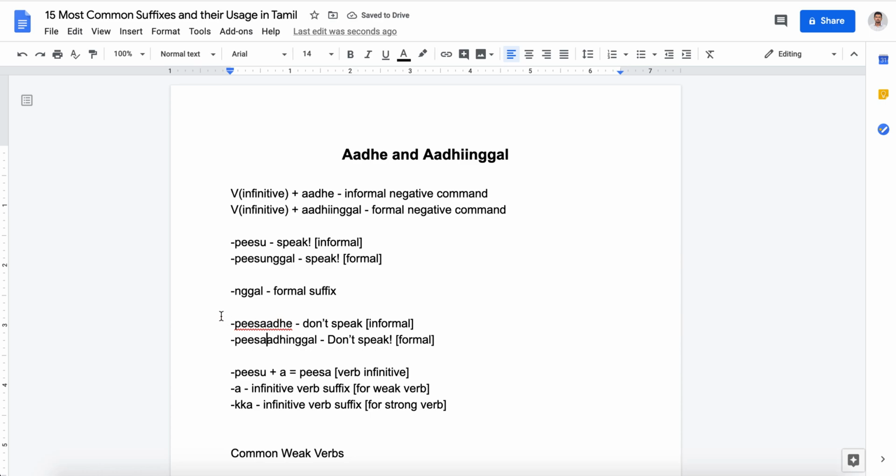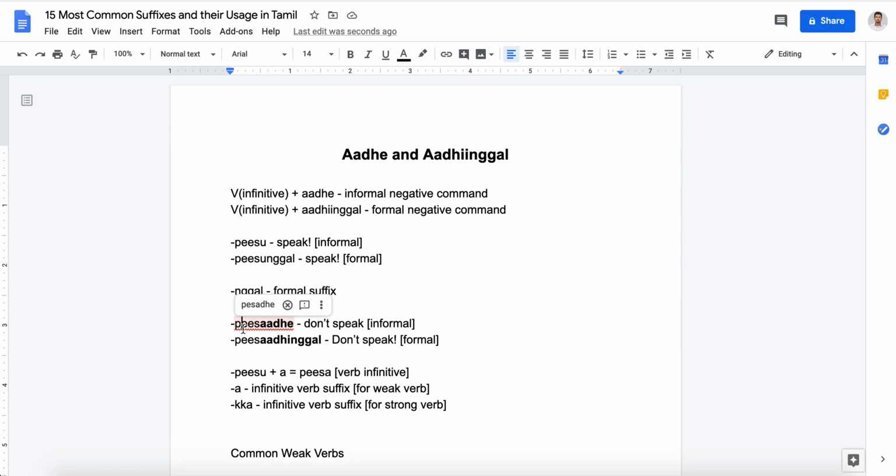So the important thing: பேசு, speak informal; பேசுங்க, speak formal; பேசாதே, don't speak informal; பேசாதீங்க, don't speak formal. Here we use the Aadhe suffix, and here Aadhiinggal. The important thing is that before adding these suffixes, the verb should be in the infinitive. Only then can we join them.